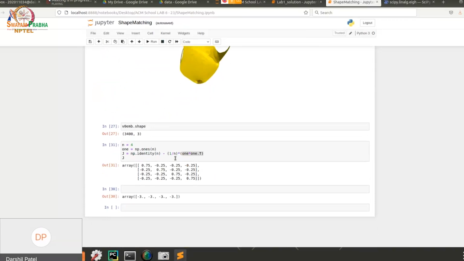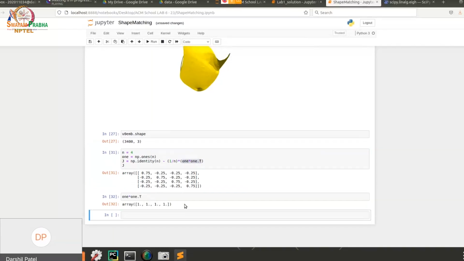Yeah, but even this matrix multiplication is not giving the right result. Maybe you can just print what is 1 by n into 1 transpose using the @ operator.